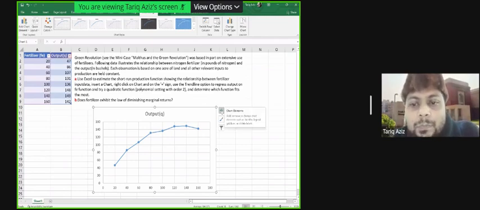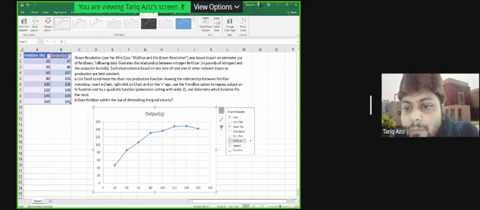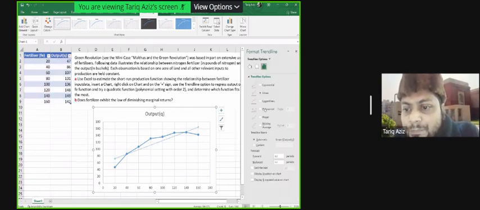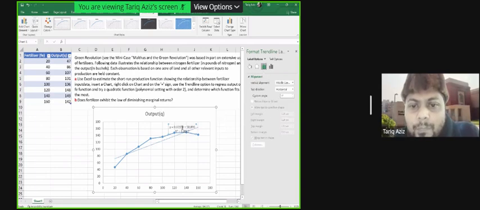So let us try to further understand the behavior of output. So this is a linear line. We have tried to fit a linear line, let us display the equation also, and let us also display the R square.